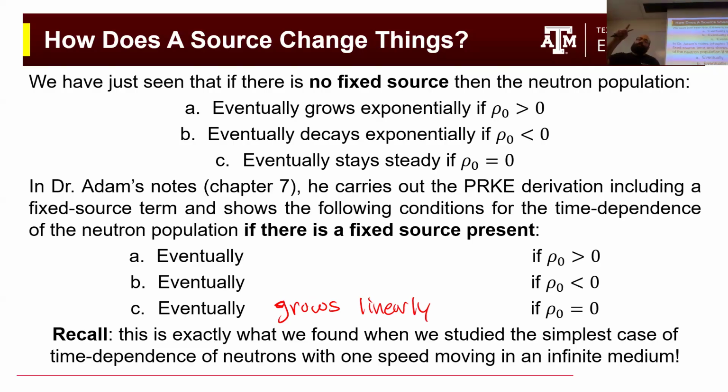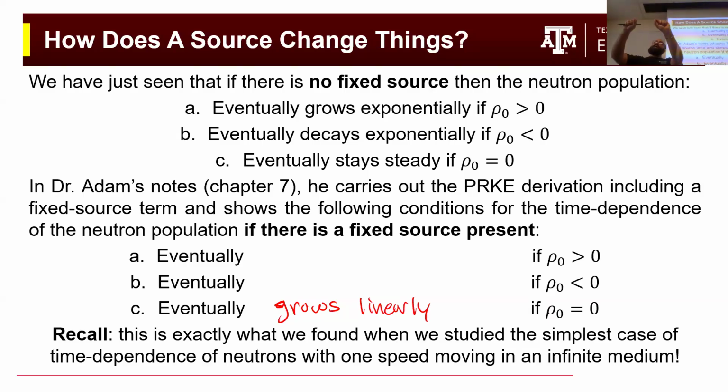If we have a source and then we add a positive reactivity insertion, then the source is going to be a constant production of neutrons per second. And because of the insertion, we're also going to have those exponentials that have positive terms. So the behavior of our function is going to look like a constant source plus a positive exponential. If you think about calculus and limiting behavior, which kind of function dominates over the other, a positive exponential or a linear function?